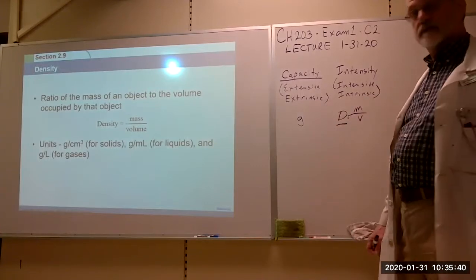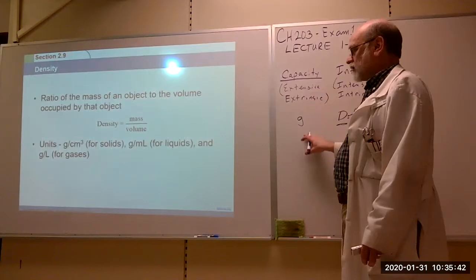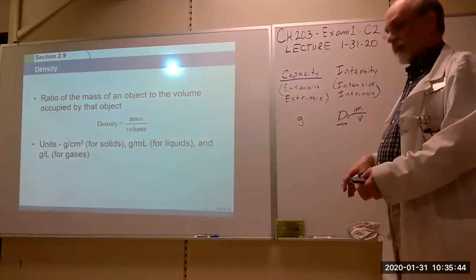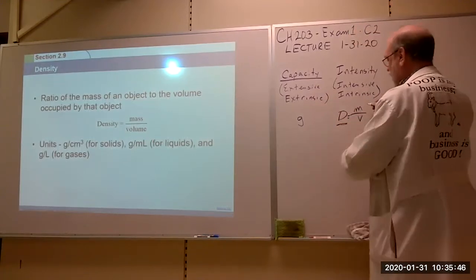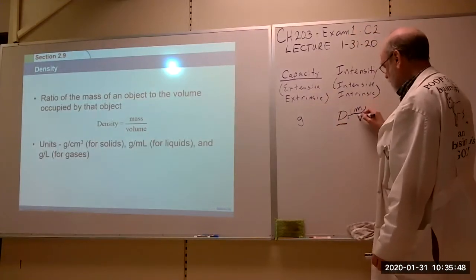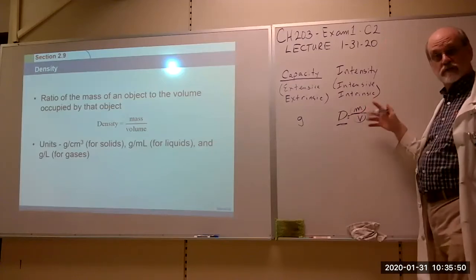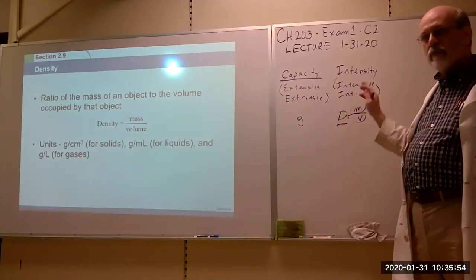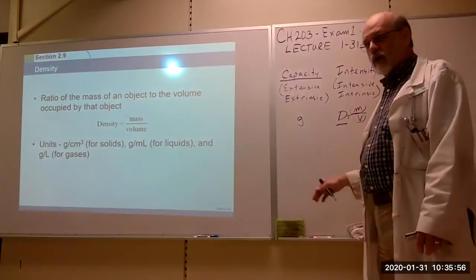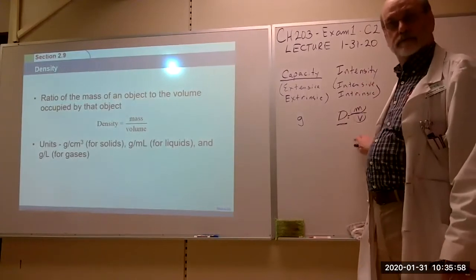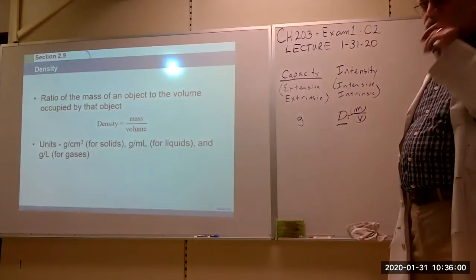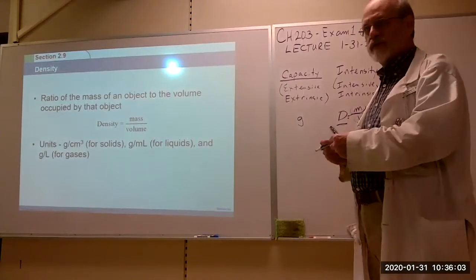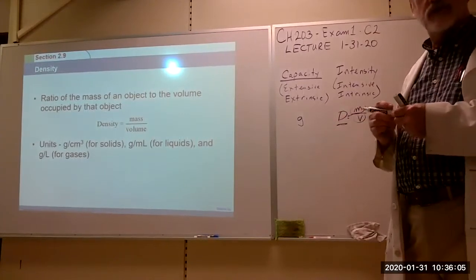Whereas capacity factors do change. So the capacity factors in this calculation are the mass and volume, which do change, but the density doesn't change. And most intensity factors are some type of ratio. Not all, most. I'm going to show you one that's not a ratio in just a few minutes.